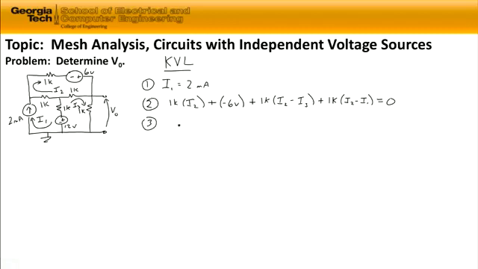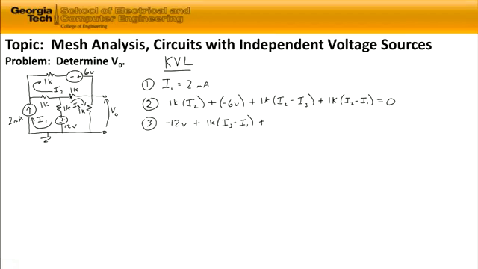So let's get our last equation. We start at the lower left-hand corner, traveling upward with the negative polarity of the 12-volt source first. It's minus 12 volts. And then we hit the 1 kilo ohm resistor after that. So it's 1K times I3, which is flowing the same direction as we're summing our voltages, minus I1. As we continue around the circuit, the next resistor is a 1 kilo ohm at the top of loop 3.